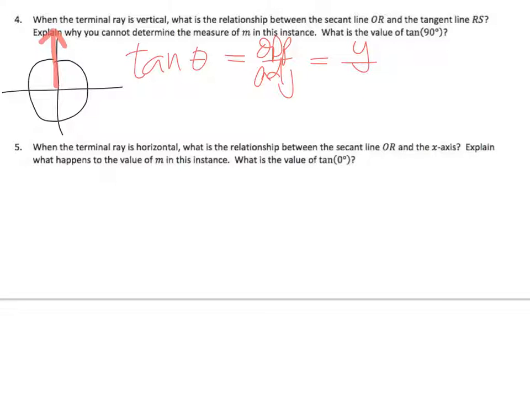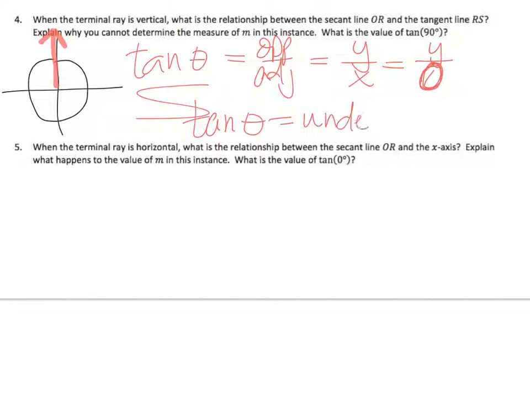It's y over x. Well, x is 0 in this case, which is when the world implodes and we're dividing by 0 and Cookie Monster doesn't have friends and nobody has cookies. We cannot divide by 0, so it just doesn't work. The tangent function is undefined at theta equals 90 degrees, or negative 90.